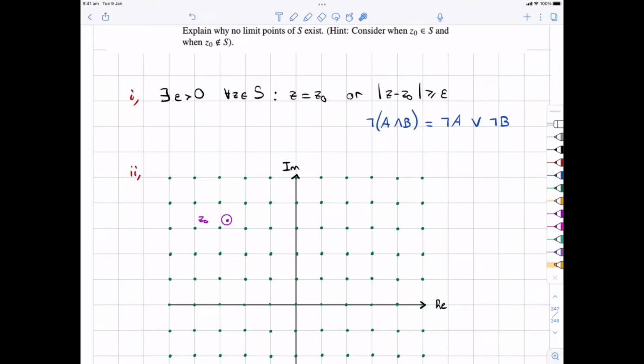Okay, now what we have to do is turn this intuitive understanding into a coherent and logical argument. So basically what this boils down to is me making sure that the radius of my circle is small enough so that I never capture one of these green points within my circle. So how could I do that? Well, this is how I would set up my argument.